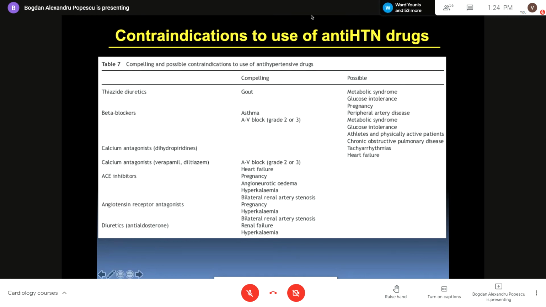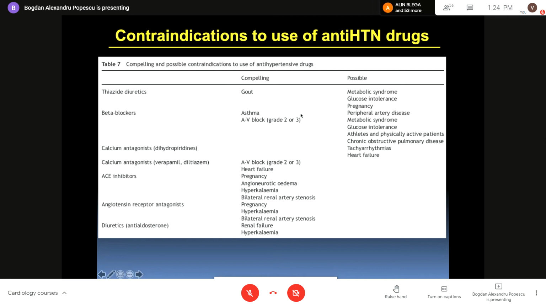The other part, when do we not use one drug? Contraindications. Again, we have absolute, compelling contraindications, or relative ones, possible ones. That means you should avoid it. However, you may use it if you think the benefit is really good. So this is also an important table because you may not wish to give a patient some drug that is totally contraindicated because you may harm the patient.